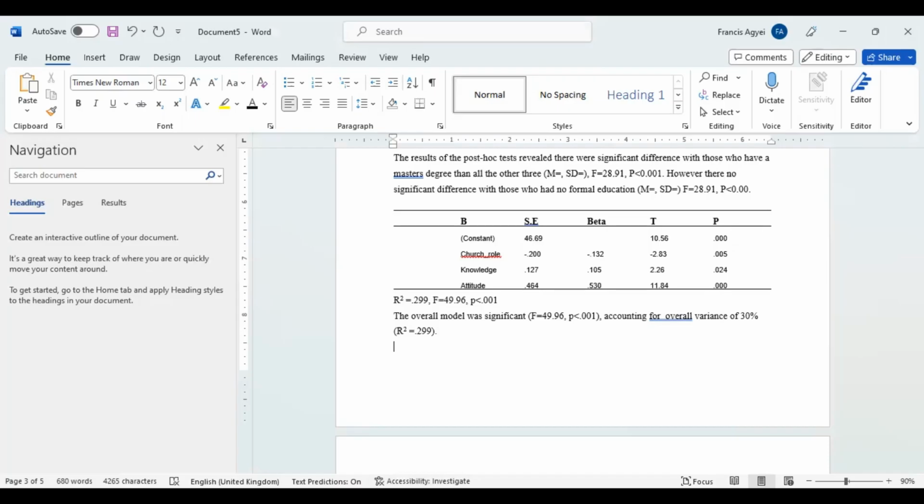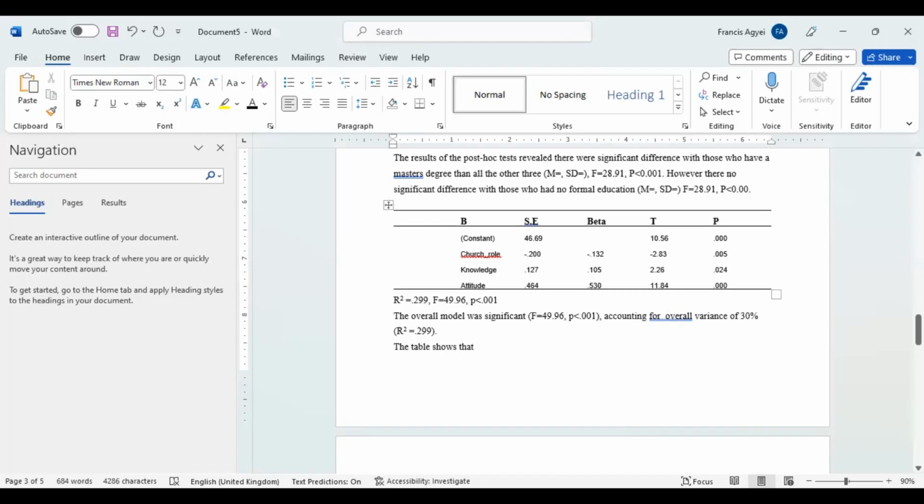We can say that the table shows that. Now let's look at the significance for the individual ones. Let's look for the ones that are significant.